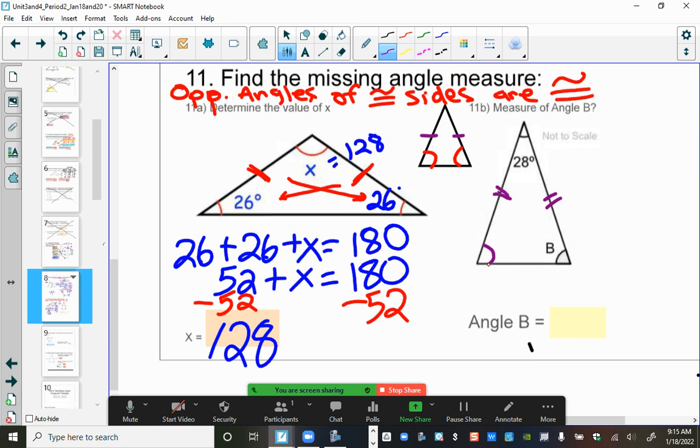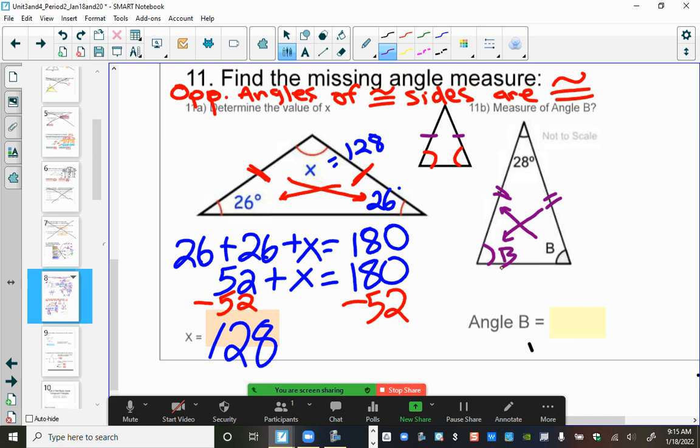Are we going to label it 28 or B? Why? Okay, that's right. This is opposite. They're congruent. So that angle you're going to label as a B as well.